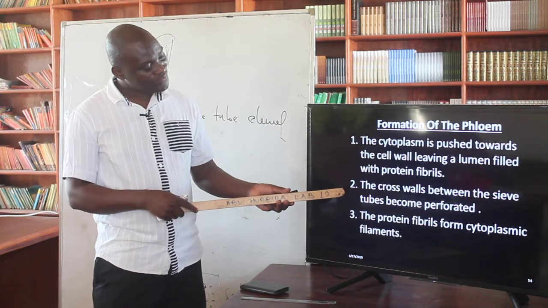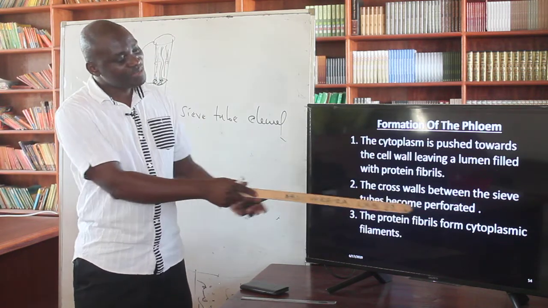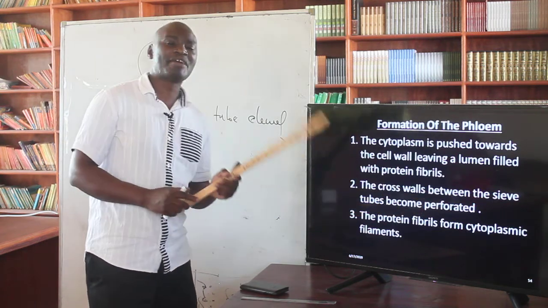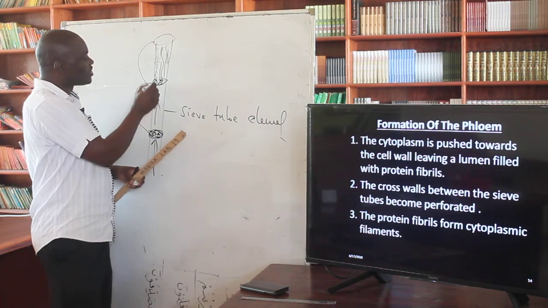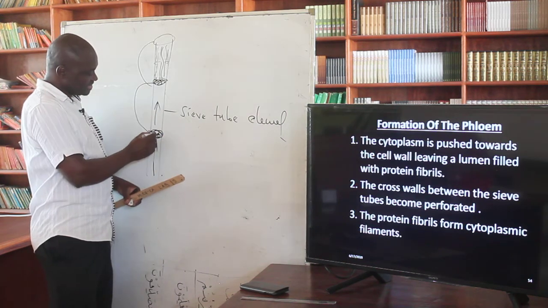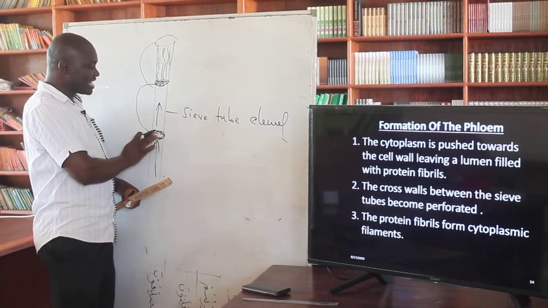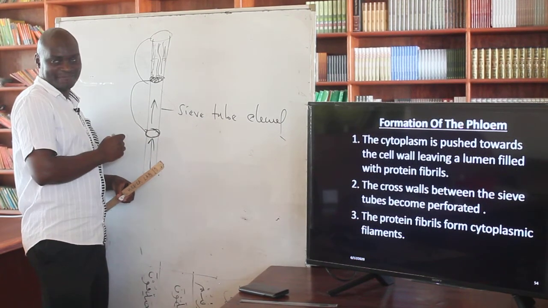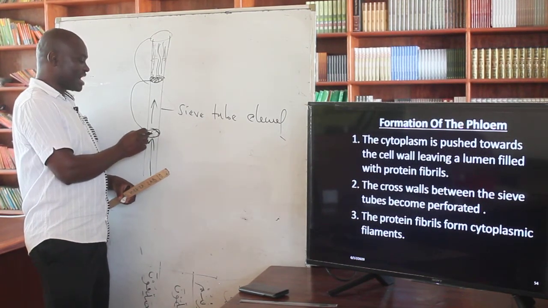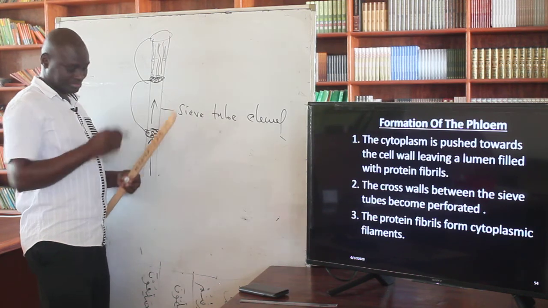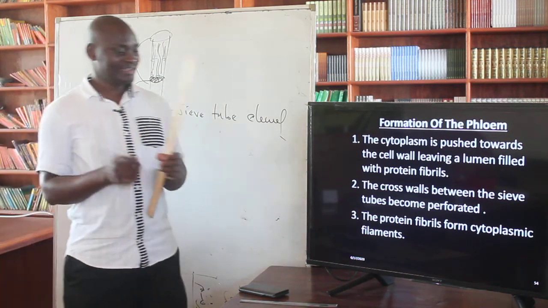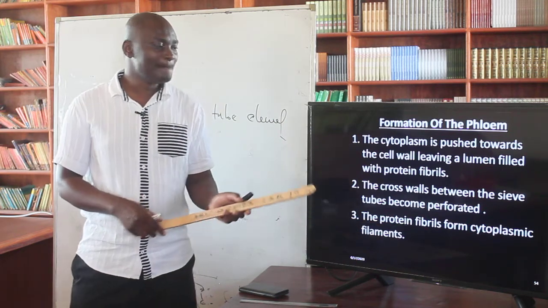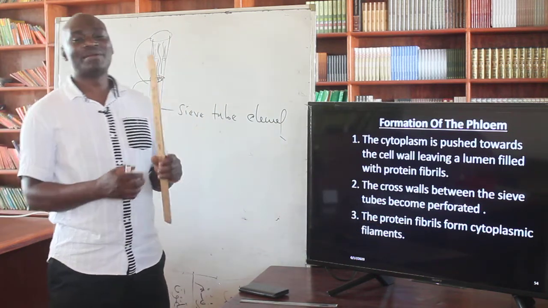And then number two, the cross walls between the sieve tubes become perforated. So these cross walls become perforated, meaning at first the cross walls are not perforated. So the second step, they become perforated with holes. And then number three, the protein fibrils form cytoplasmic filaments.